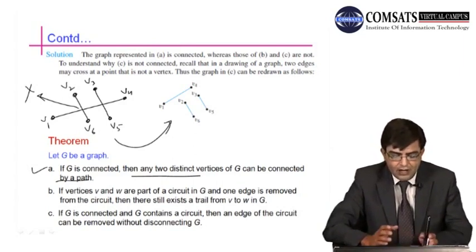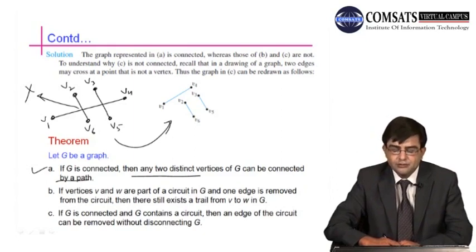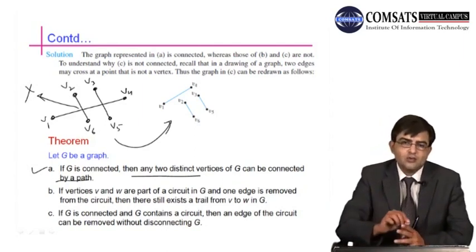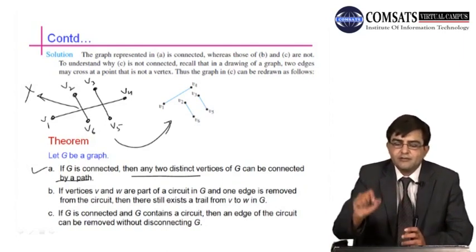So if you have two vertices V and W that are part of a circuit in G, and one edge is removed from the circuit, then there still exists a trial from V to W in G. What is a trial? A trial is basically a walk in which an edge is not repeated. A circuit is basically a closed walk. If you remove one edge, then still there is a trial from V to W.